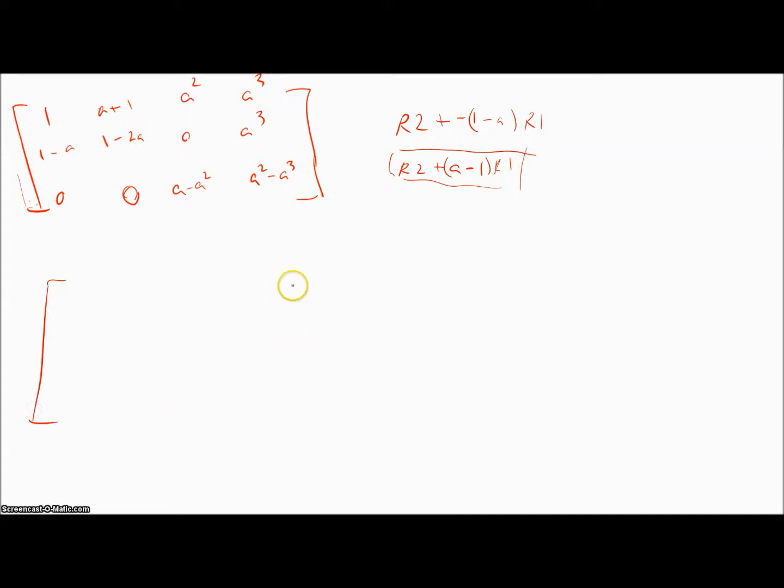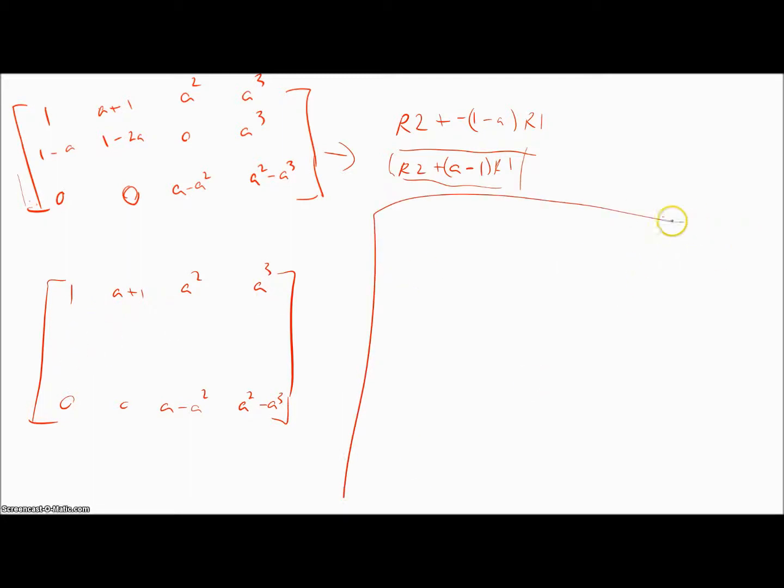So my new matrix, and I'm not sure if these are equivalent, but the answer comes out is 0, 0. Basically I'm rewriting those two rows, the top row and the bottom row, and the row I'm changing is the second row, the one where I want 0 here. If I think about what this means, I take row 2, so the first entry in row 2 is 1 minus a, plus a minus 1 times row 1.